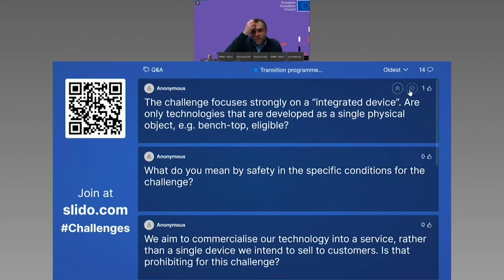The challenge focuses strongly on an integrated device. Are only technologies that are developed as a single physical object, benchtop, eligible? Well, not necessarily. We try to extract value from Micro-Nano-Bio projects in the past, and this could be a multi-module kind of technology. It doesn't have to be one device that I can hold in my hand that integrates everything.